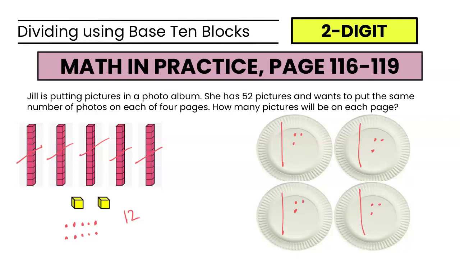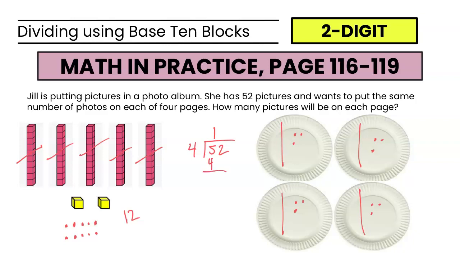How does this connect to the standard algorithm? Well, if we want to do 52 divided by 4, we begin by looking at the tens place. We have 5 tens and we want to put them in 4 equal groups. That means that each group is going to get one of those tens, and that number will go above the tens place in order to indicate that.